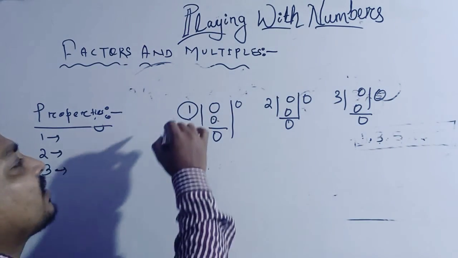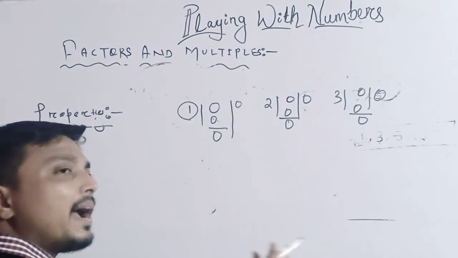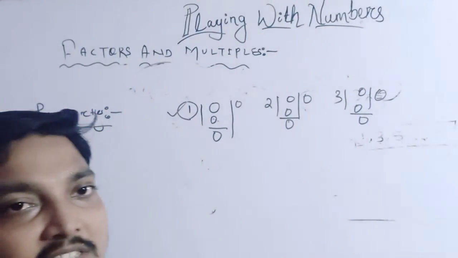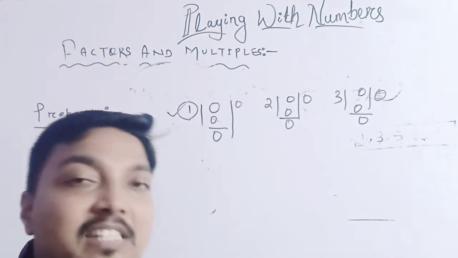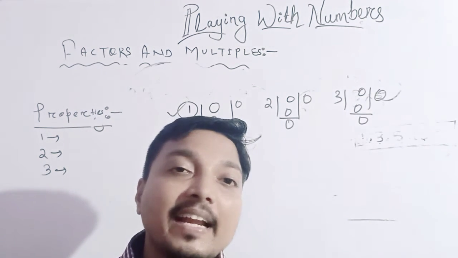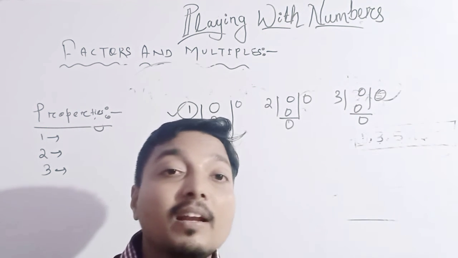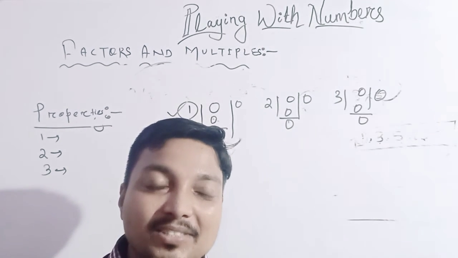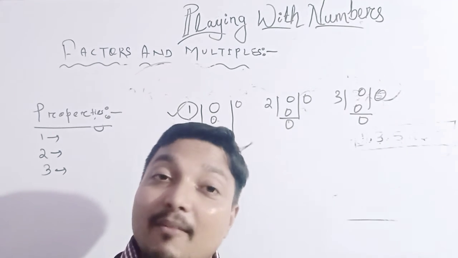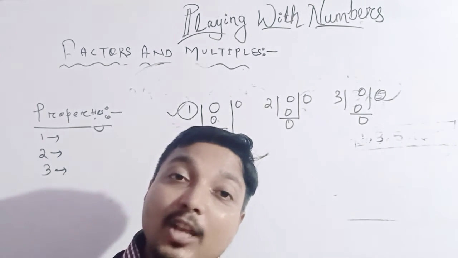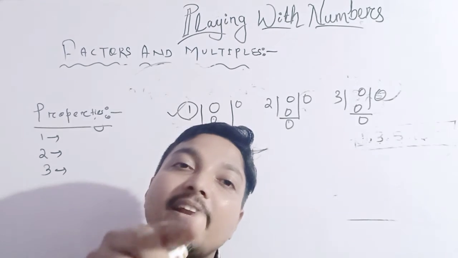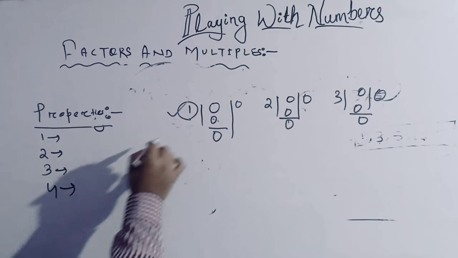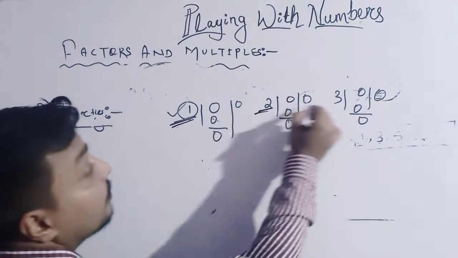It means 1, 2, 3, 4, 5, 6, by any of these numbers, whenever you divide 0, you always get remainder 0. So every non-zero number can divide 0. It means every non-zero number is a factor of 0. So for the next point you can write: every non-zero number, not 0, not 0.